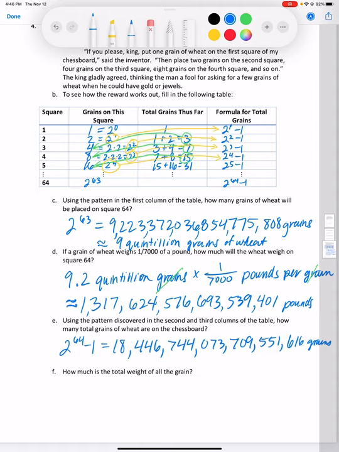So the total weight is we take this number and we divide it by 7,000. So let's just write this in this way.